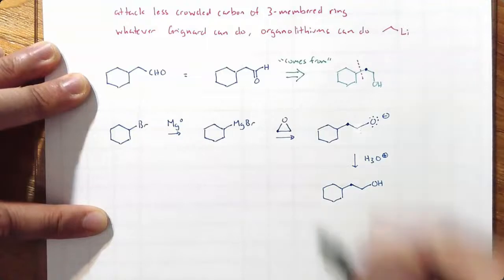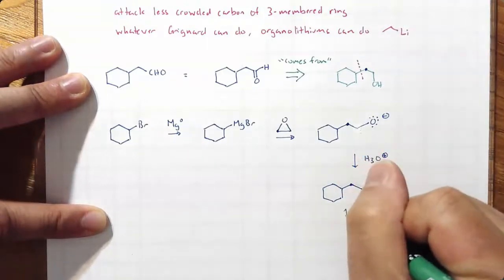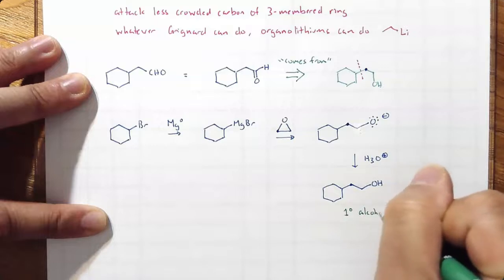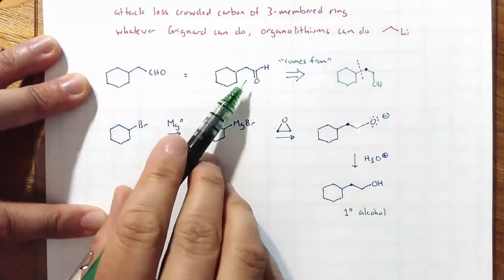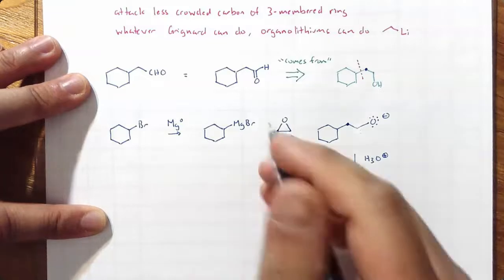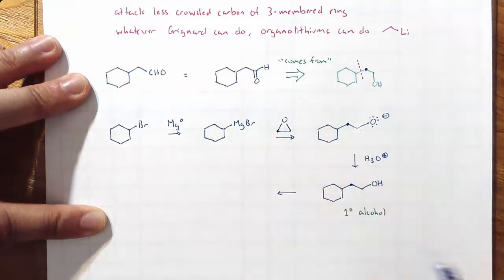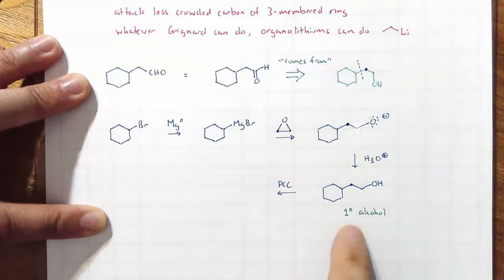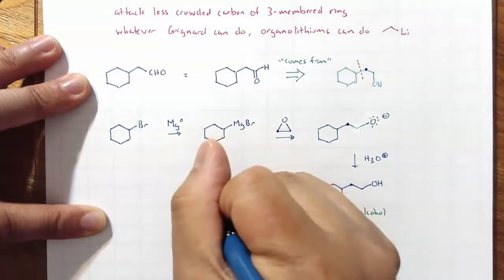Got to remember your oxidations from Organic Chemistry 1. This is a primary alcohol. And we want to stop at the aldehyde. We don't want to over-oxidize to the carboxylic acid. Remember PCC? PCC oxidizes primary alcohols to the aldehyde.